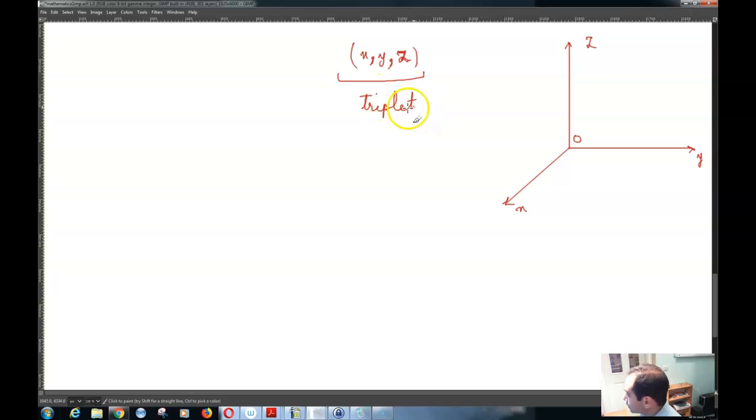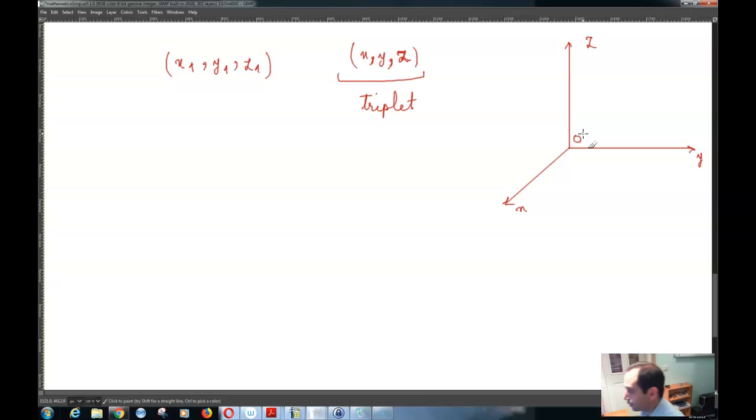And conversely, if you are given some triplet x1, y1, and z1, using the same coordinate system we will be able to locate that point in that coordinate system. So these are basically 2 different things.